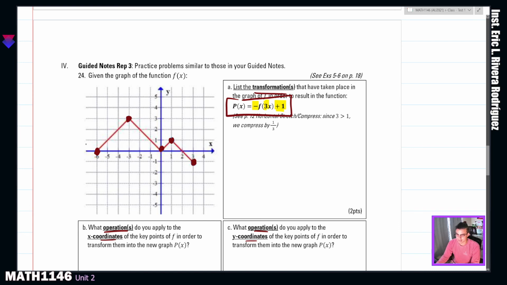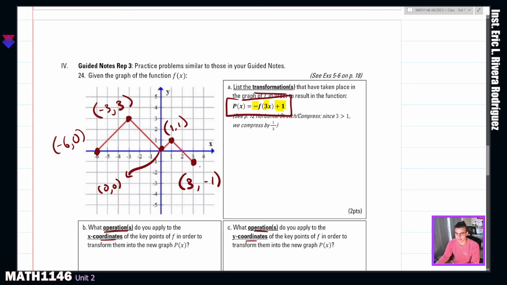For example, the first key point here is going to be -6, 0. The other one is going to be -3, 3. This one here is located at the origin, so it's going to be 0, 0. Number 4 is going to be 1, 1, and the last one is going to be 3, -1. 1, 2, 3, 4, 5.